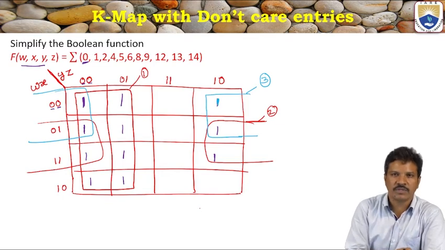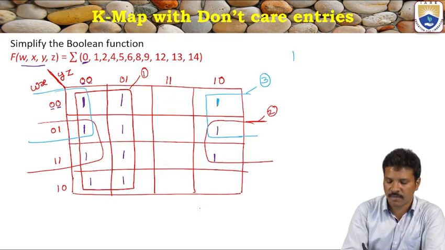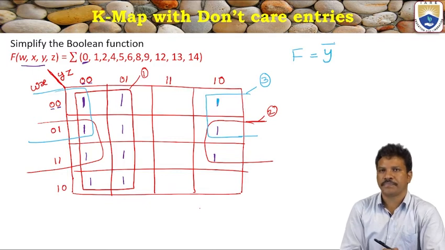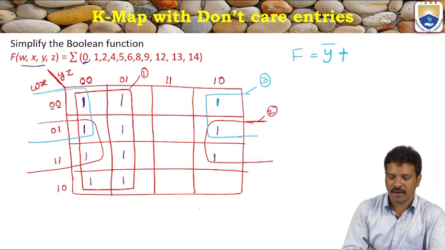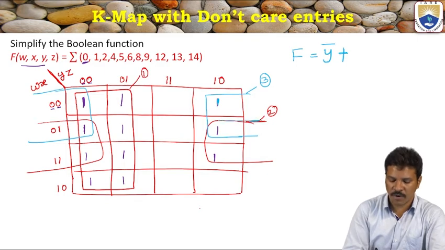Vertically there are 2 columns, the 0 0 column and the 0 1 column. What is the common logic value or common variable in those 2 columns? It is 0. 0 means y bar. So we can take the minimized function F equal to, first, y bar, plus, since it is a sum of products representation, we take the second quad, the second box. How to take the variables in this box?